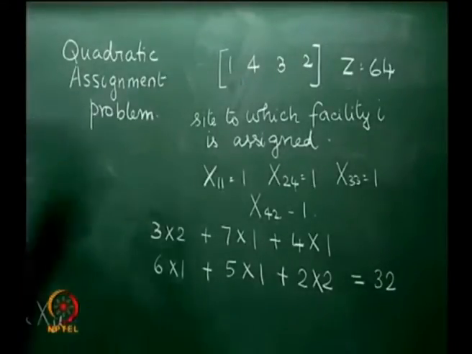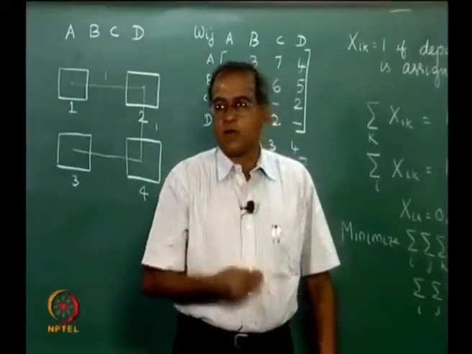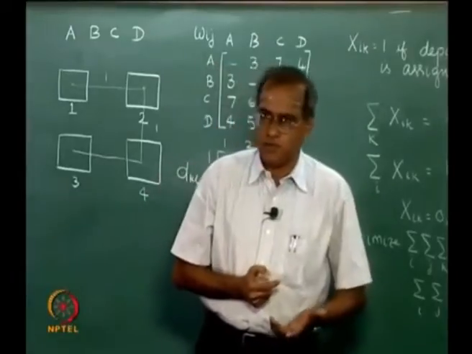So, the solution of course can be found using a solver or by using several known algorithms to solve the quadratic assignment problem, and there are very efficient algorithms which work on the principle of branch and bound.